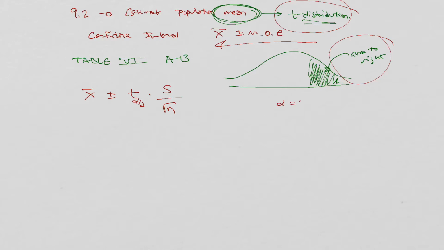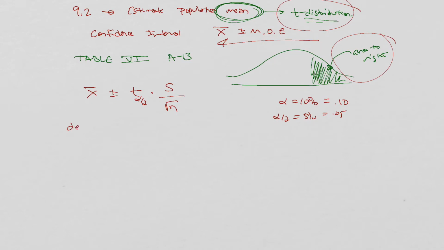So if alpha was 0.10, then alpha over 2 would be 5%, which is 0.05. We also needed degrees of freedom, which is just n minus 1.